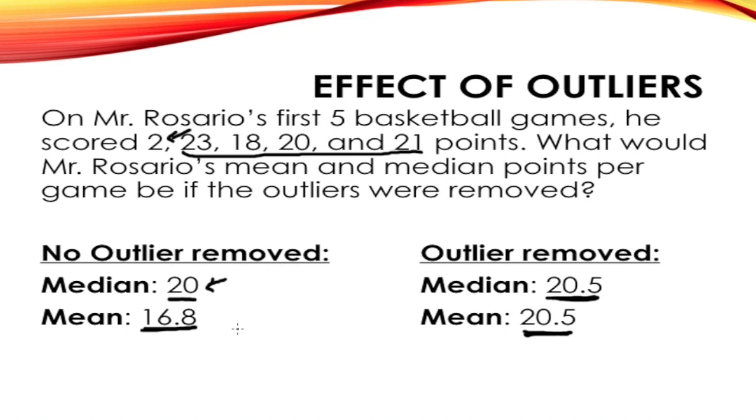When you have a really low value, the mean is pulled to the lower side. When you have a really high value, the mean is pulled to that higher side, and it is pulled further away than the median. When we don't have an outlier, we see that the mean and the median are pretty consistent or close to each other.